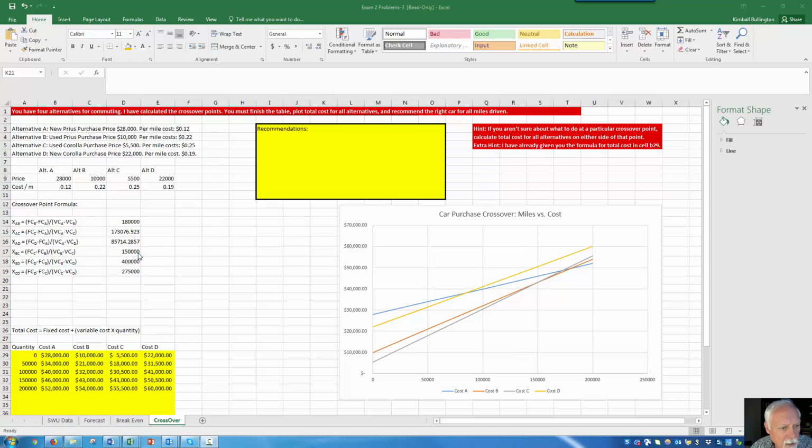So it loses out to B at 150,000. That tells me that I'm going to recommend C from 0 to 150,000, and I'm going to choose B from 150,000 to something.